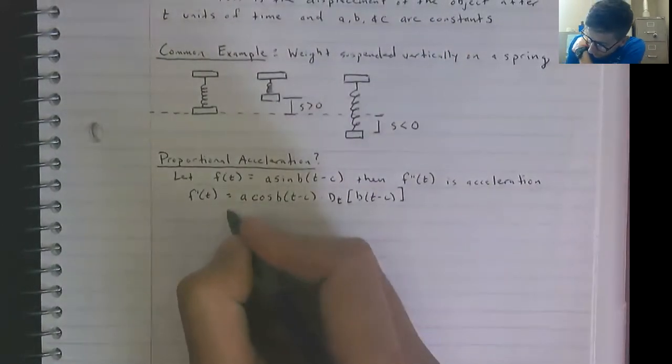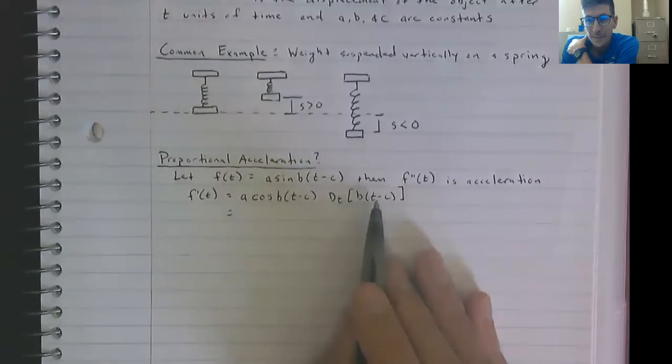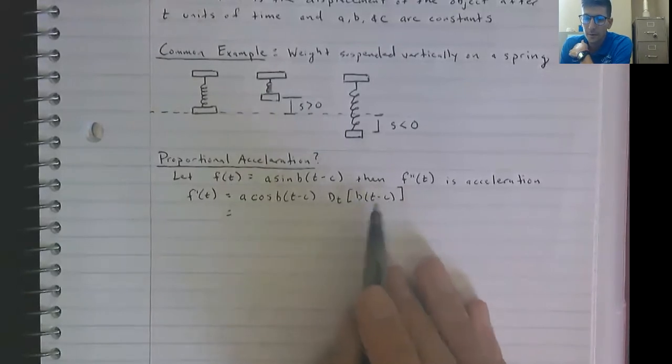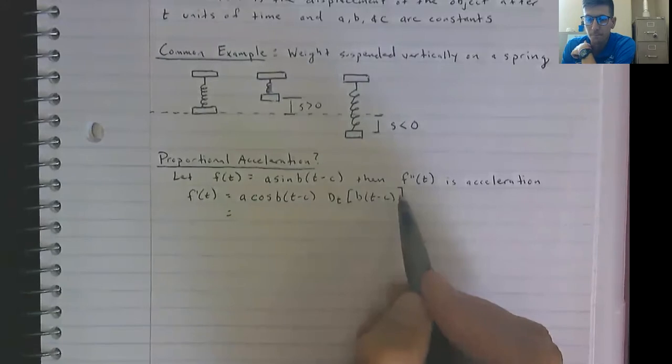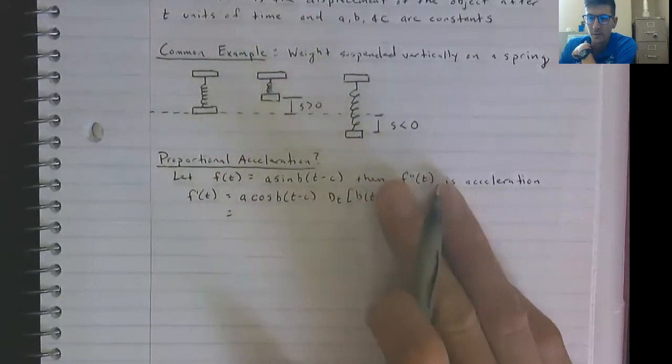Well, the derivative of b times t minus c: if we distribute this through, we'll just do it in our head. This is bt minus bc. bc is a constant, because b and c are both constants, so that just goes away. And really, we're just differentiating bt.